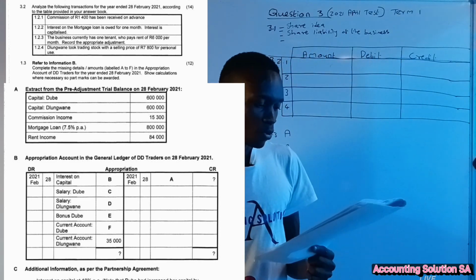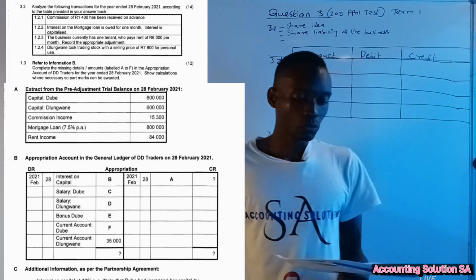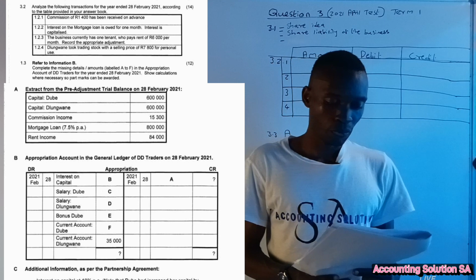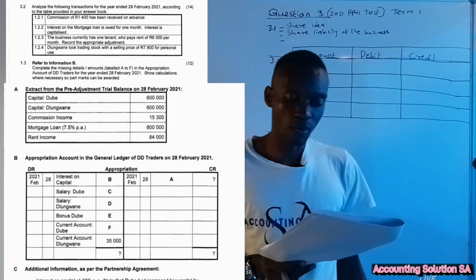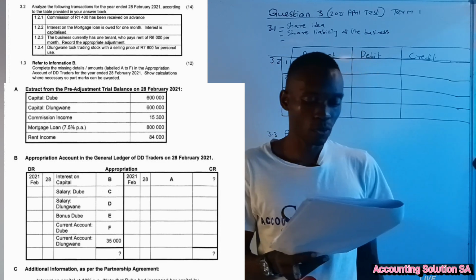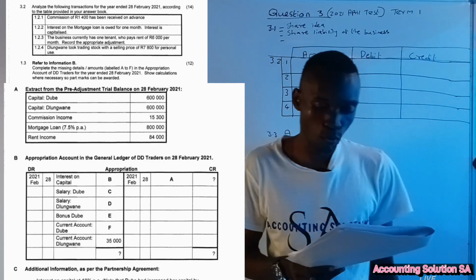Now let's move on to 3.2. They said analyze the following transactions for the year end 28 February 2021 according to the table provided in your answer book.